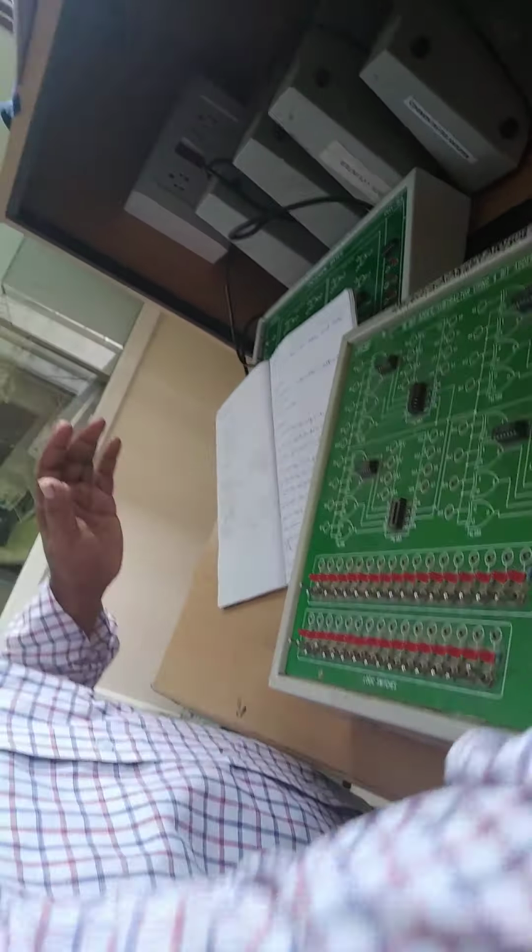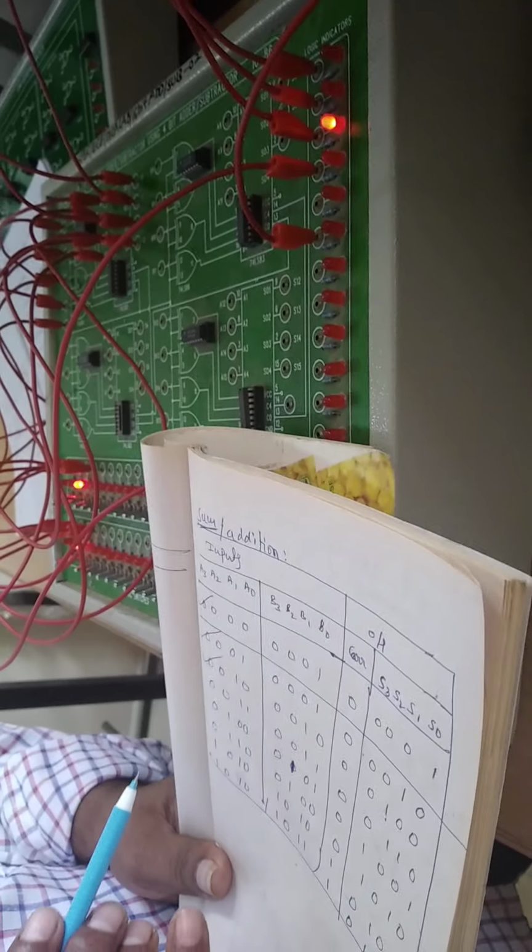Let's come to the B side. So B0 is 0, B1 is 1, remaining 0. Output carry is 0. Output S0, I mean E0, is 0. Next S1 is 0. S2 is 1. S3 is 0. Okay, this condition is also satisfied.